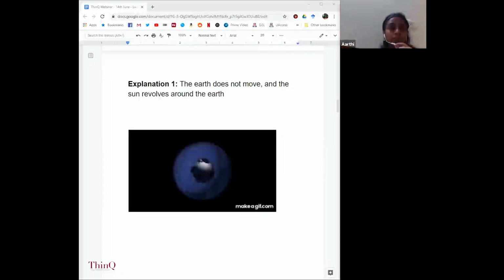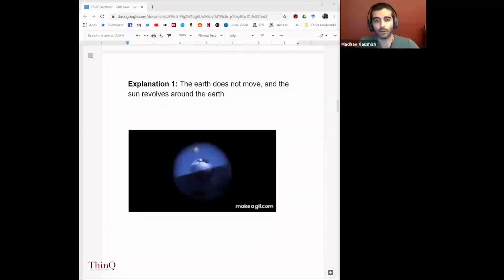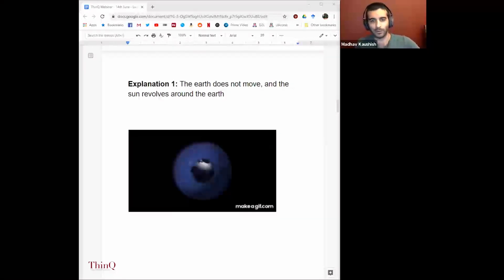So the point you're making, Madhav, is that you have to focus on the ability to construct theory rather than teach the actual theory. Exactly. That's a great point, Arti, because for instance, this theory of anatomy is not useful for anybody.